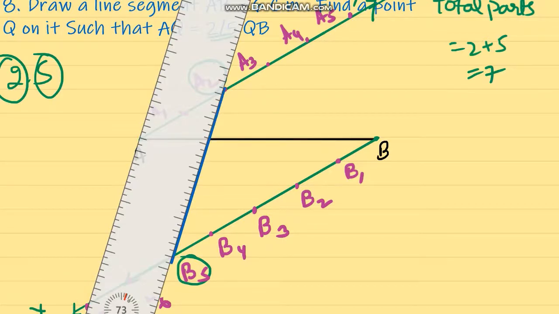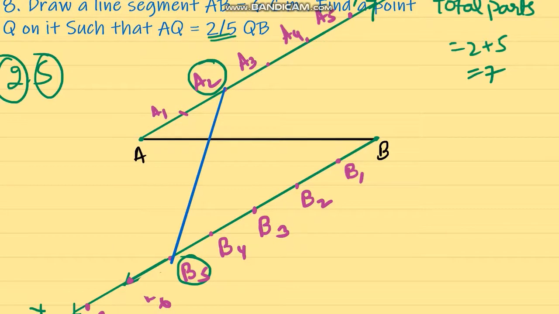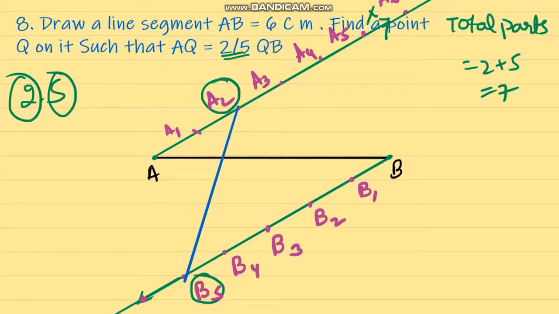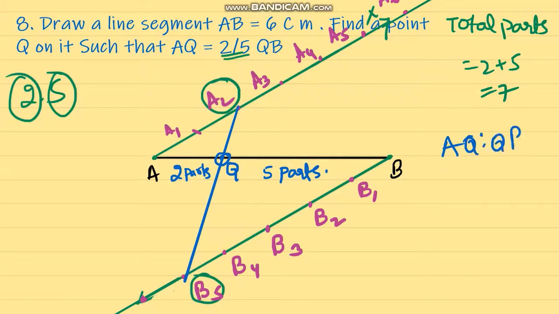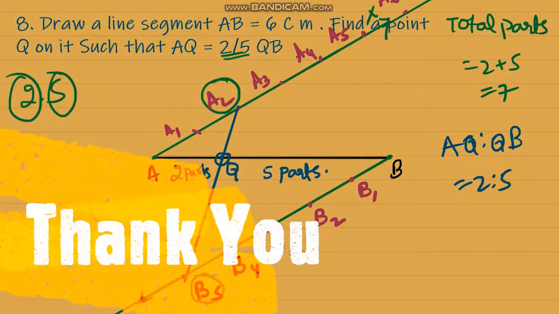Now see, we have joined A2 with B5. So see here, this is the point Q. So this AQ is equal to how many parts? 2 parts. And QB is equal to 5 parts. So here we got AQ is to QB equal to 2:5 or AQ equal to 2 by 5 QB.